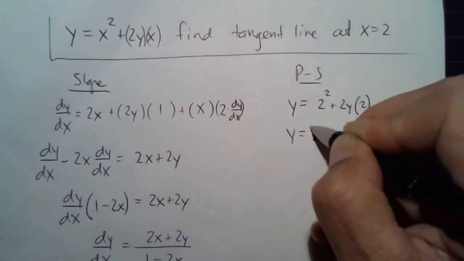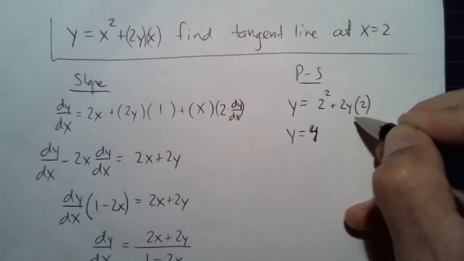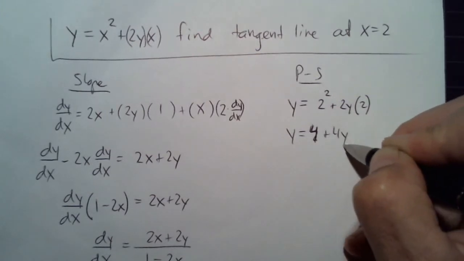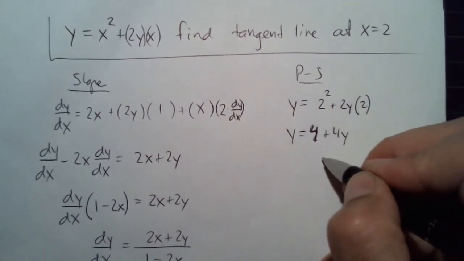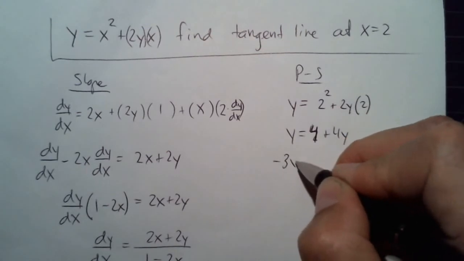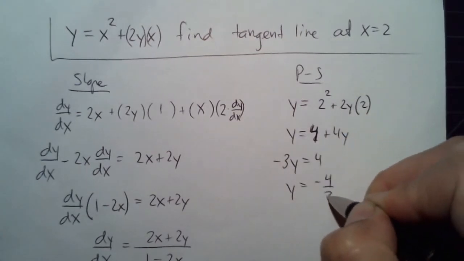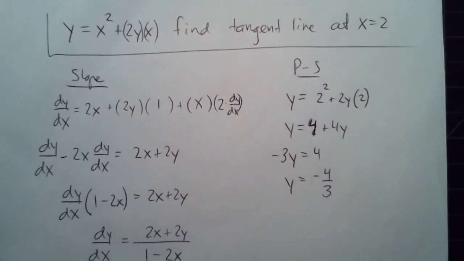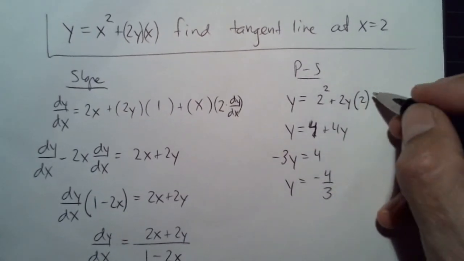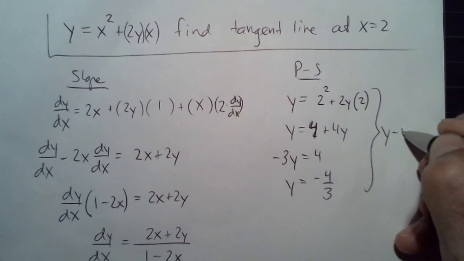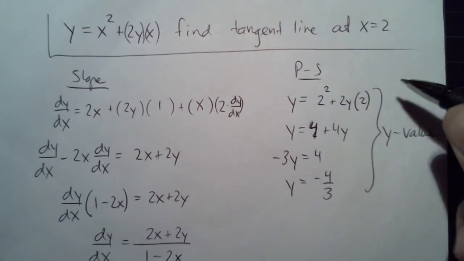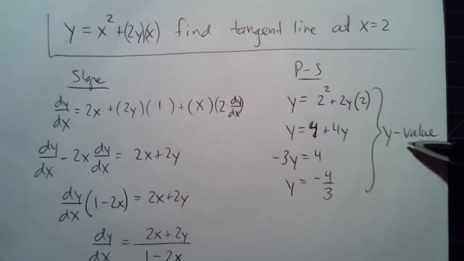Say 4. This will be plus 4y. So we can subtract 4y. So this is not the point slope formula, it's just finding a y value.